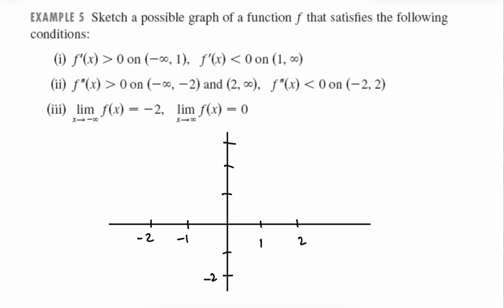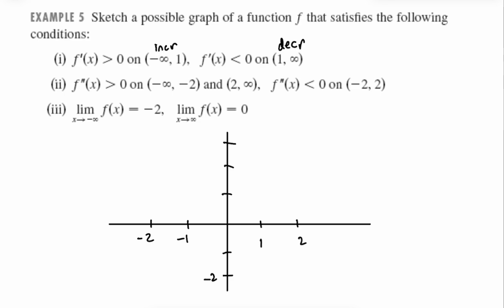Let's see what our first bullet tells us. This is about the first derivative. Our first derivative is positive, so it's increasing here, and it's decreasing there. So at 1 is the switch over between increasing and decreasing.